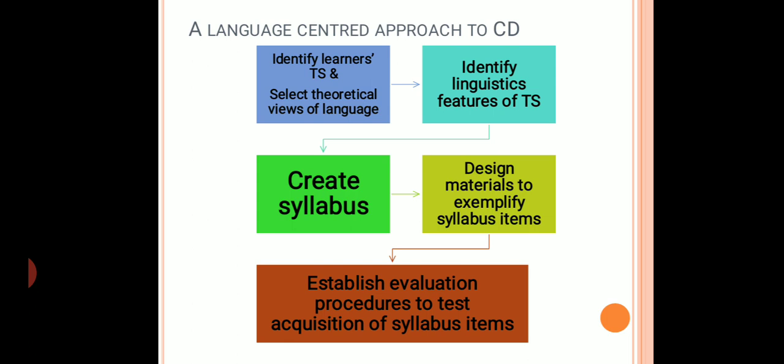So this is the diagram. Number 1, you identify the learner's target situation, and then you select theoretical views of language, and then identify linguistic features of the target situation, and then you create the syllabus. So the syllabus is the end product of your project this semester.